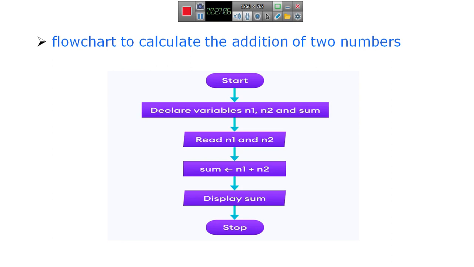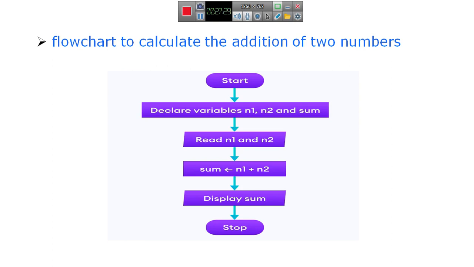And then, sum is equal to n1 plus n2. Here it means the value in the location n1 and the value in the location n2 are added together and stored in a location called sum.